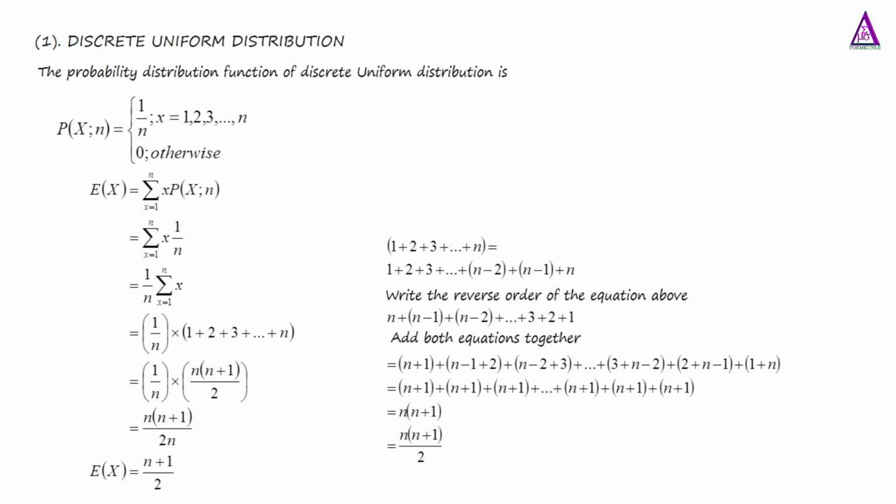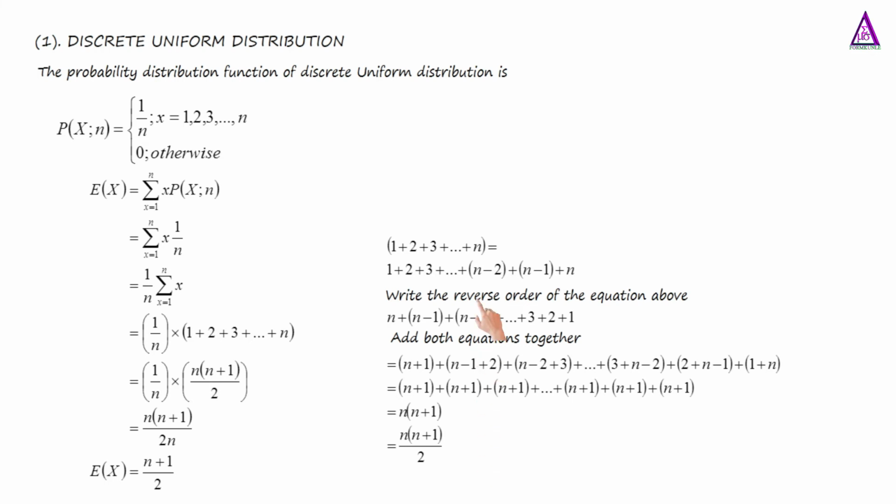If we look at the expansion of 1 plus 2 plus 3 plus dot dot dot plus n, we write 1 plus 2 plus 3 plus dot dot dot plus (n minus 2) plus (n minus 1) plus n.